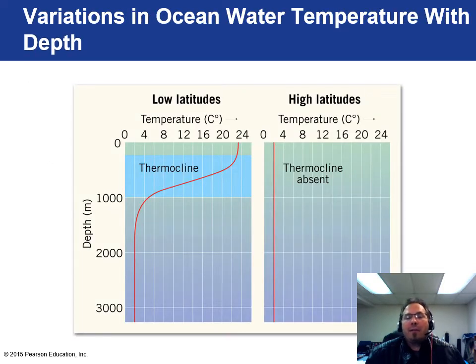At the low latitudes, with higher temperatures, you have this thermocline, this region where you have this gradual change where it starts to get cool, cool, cool, and then it really just kind of levels off. Whereas at the high latitudes or the polar regions, it's just straight down. The water, because it's already cold at the surface, just keeps being cold.